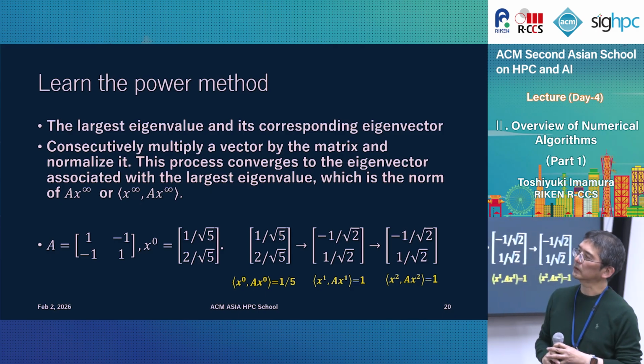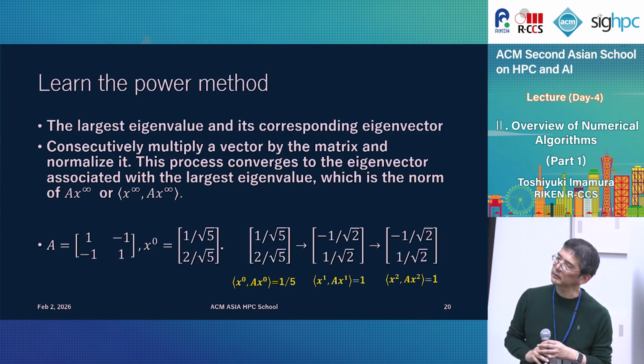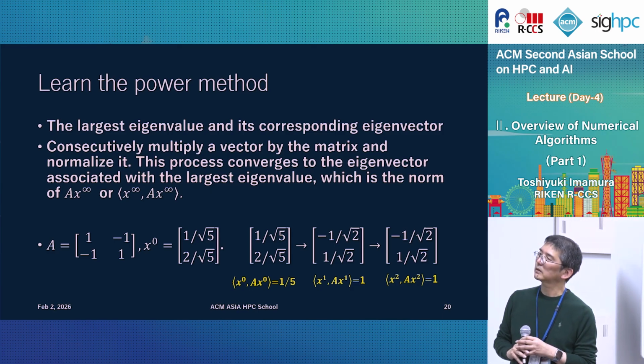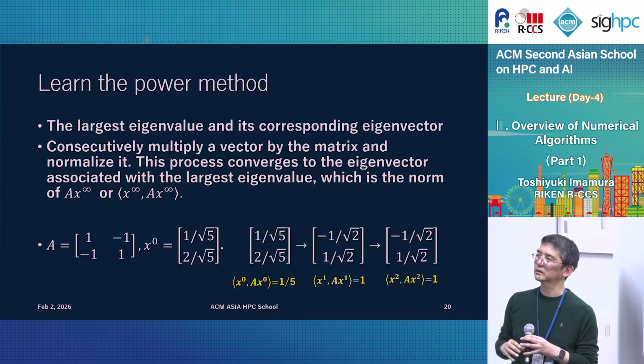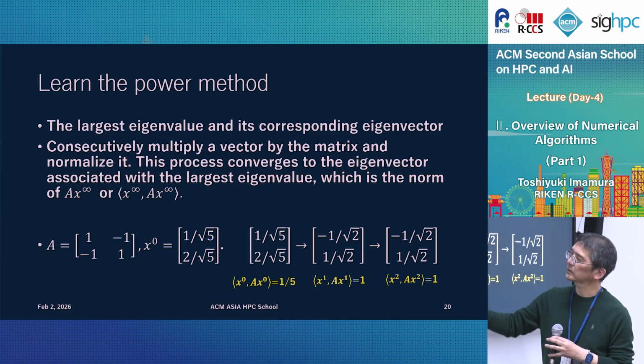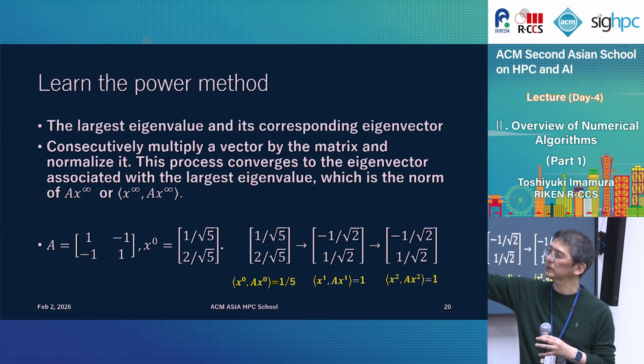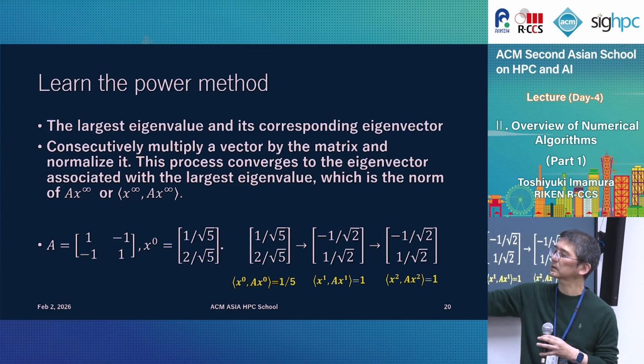Okay, so this is a very simple example. A 2 by 2 matrix, the diagonal parts are 1 and the off-diagonal parts are negative 1, and we choose the initial vector like this.